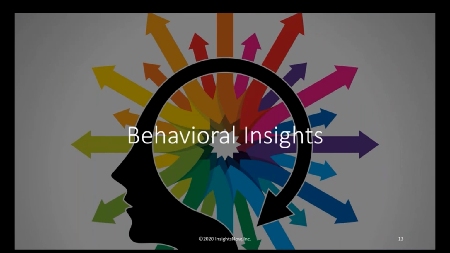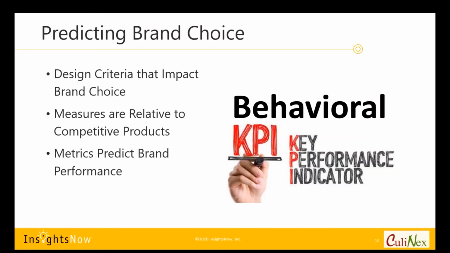Yeah, thanks a lot, Mark. So, behavioral insights are, as Mark said, a different type of research, and they're based on a new type of metric that we call a behavioral KPI, or key performance indicator.